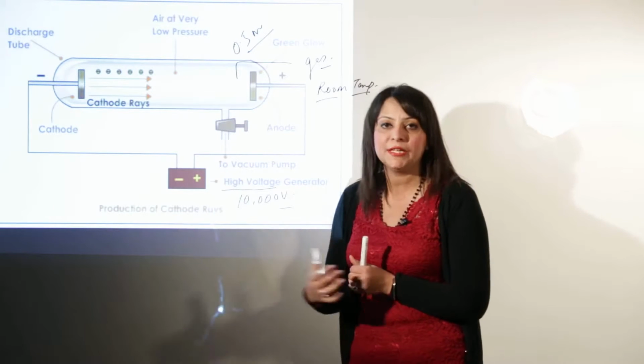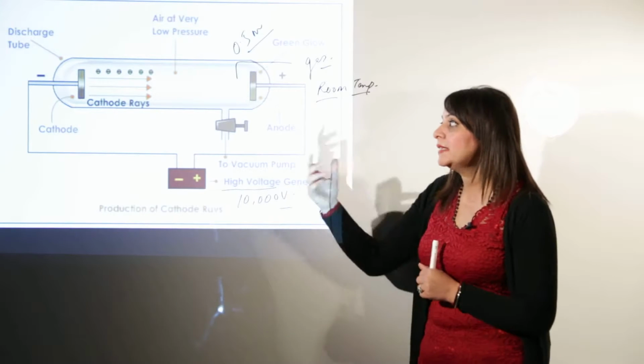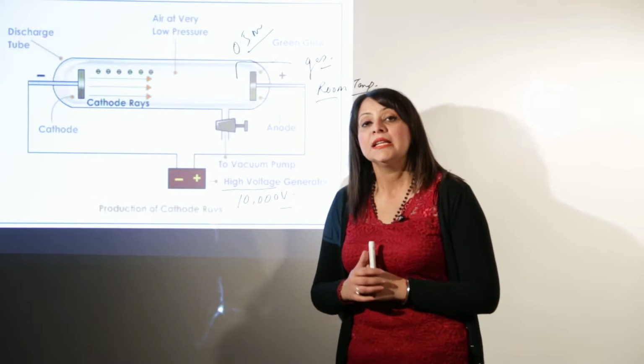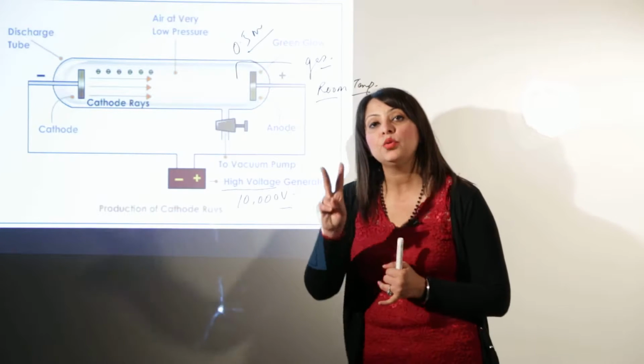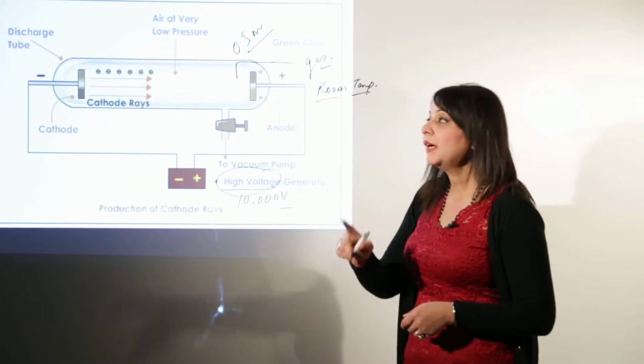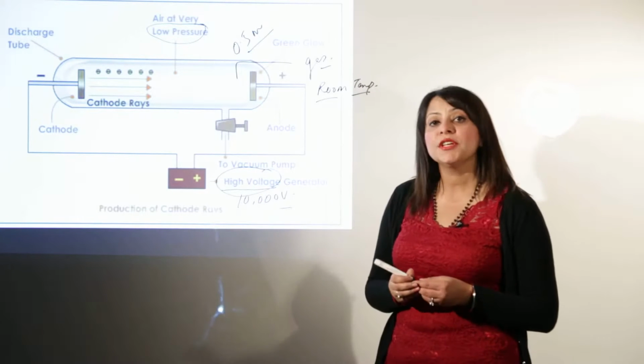Before we proceed, you should know that it was already known that gases can conduct. It was proved by Faraday that gases are conducting only under two conditions. One condition being the high voltage and the other condition being the low pressure. So J.J. Thomson knew the fact.